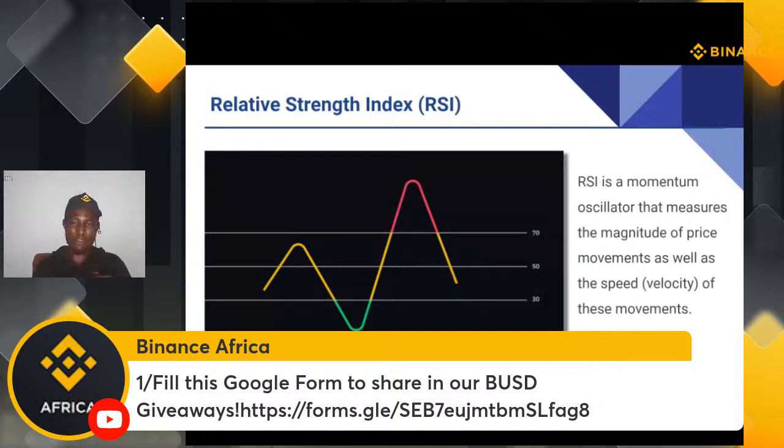So aside from using the scores of 30 and 70, you can also use the RSI to try and predict trend reversals or spot the support and resistance levels of the crypto asset. That approach is what is termed bullish and bearish divergences. When you use this approach, you are looking for what is called a bullish or bearish divergence. What's a bullish divergence?